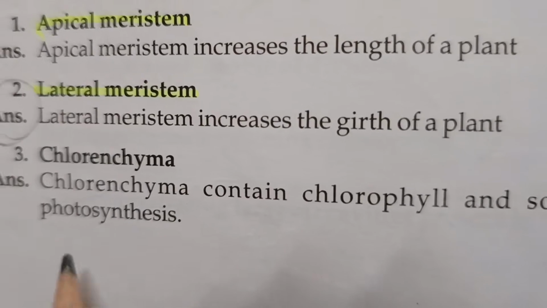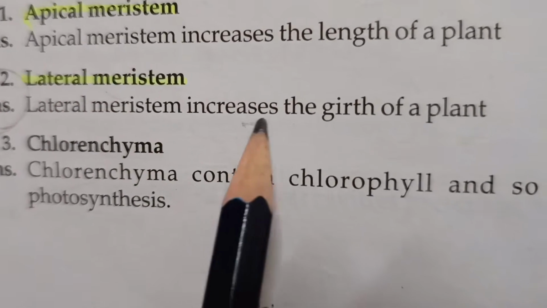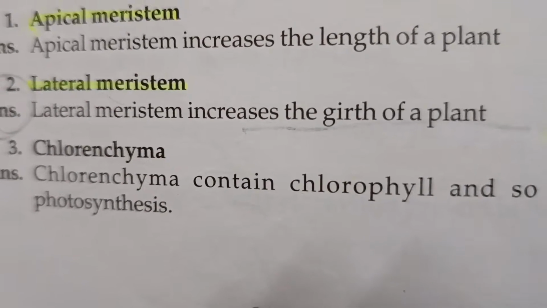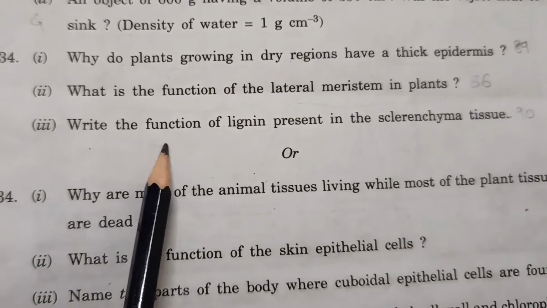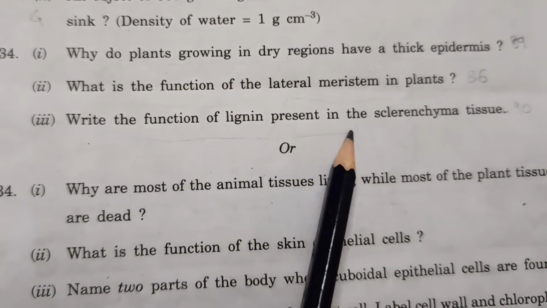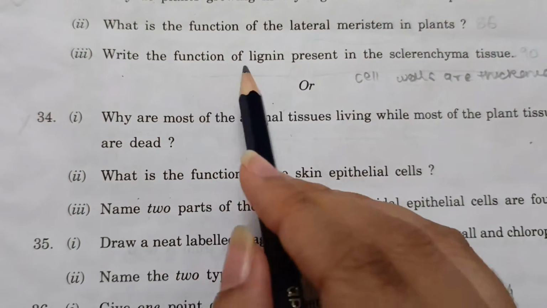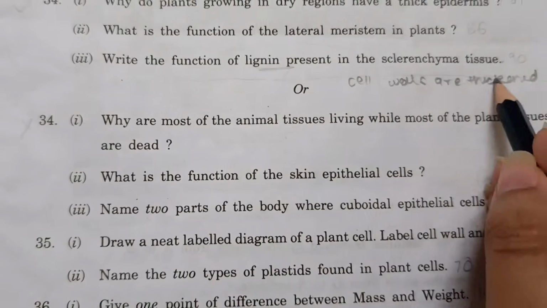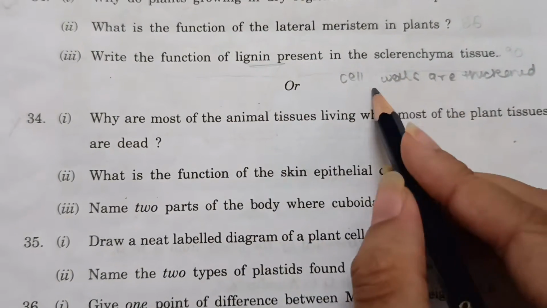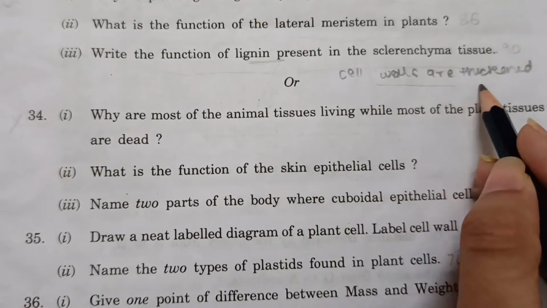The function of lateral meristem is to increase the girth of a plant. Question number 3. Write the function of lignin present in the sclerenchyma tissue. The presence of lignin in the sclerenchyma tissue makes the cell wall thick.